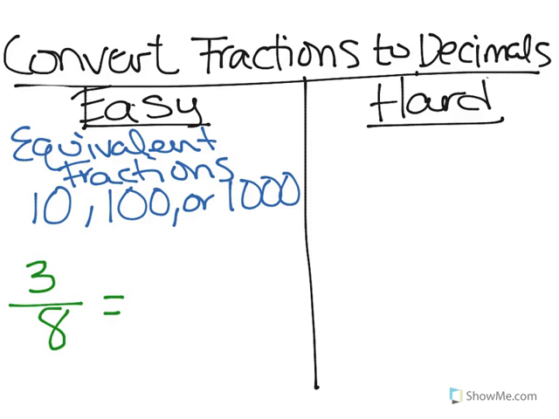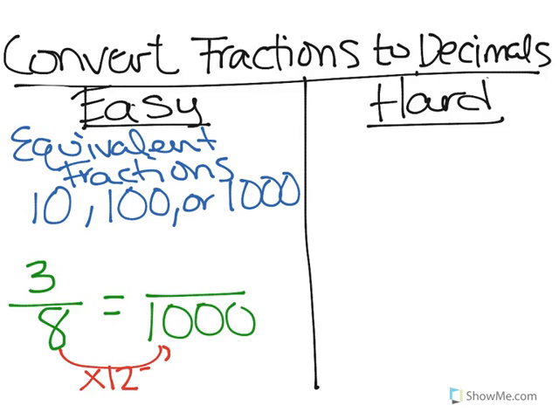Can 8 go into 1,000 evenly? Yes, it can. And that is a multiplication fact I recommend that you memorize, is that 8 times 125 gives you 1,000. And so whatever you do in the denominator, you must do in the numerator.